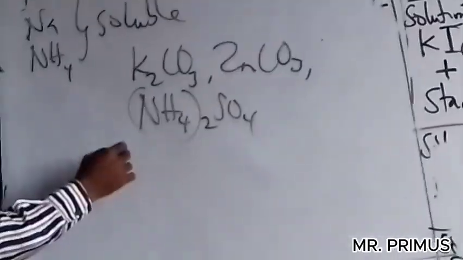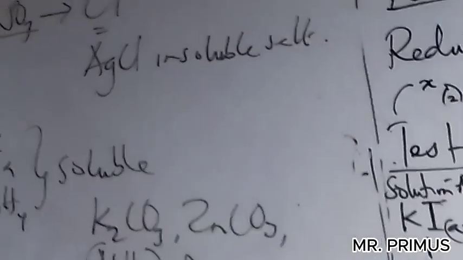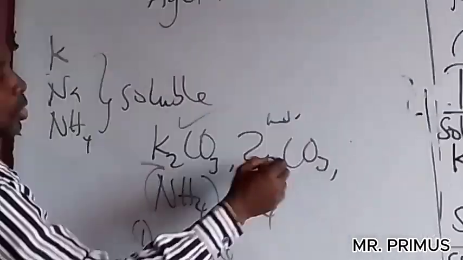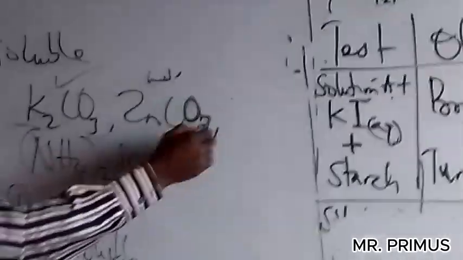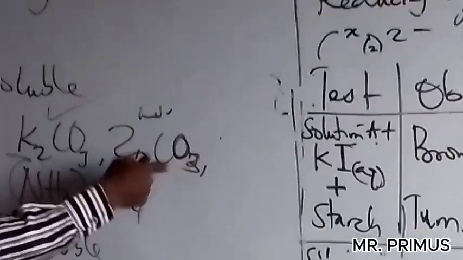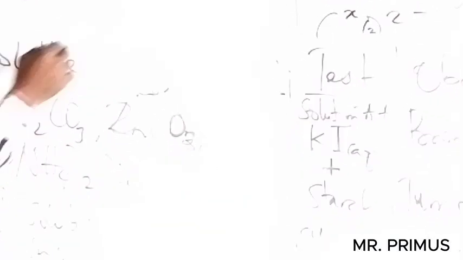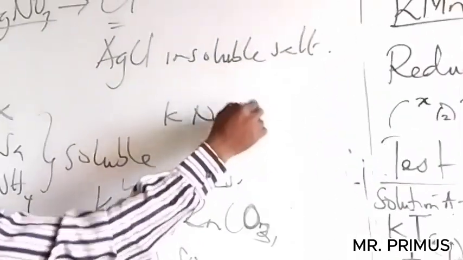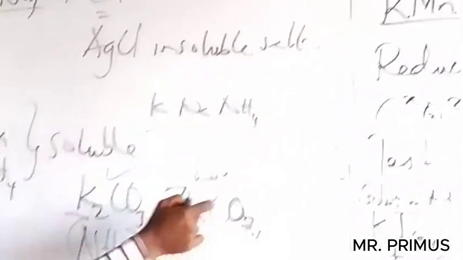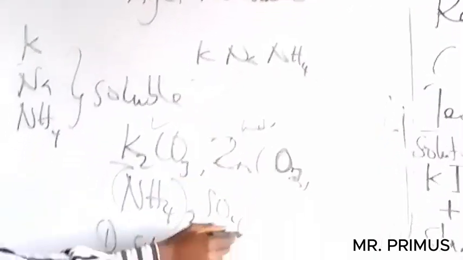Which of the following is soluble salt, and which is insoluble salt? You have to answer the questions. This is soluble because it contains potassium. This is insoluble. The salts of CO3 are insoluble, except those that contain potassium, sodium, or ammonium. Every other CO3 is insoluble. So this is an insoluble salt. This is a soluble salt.